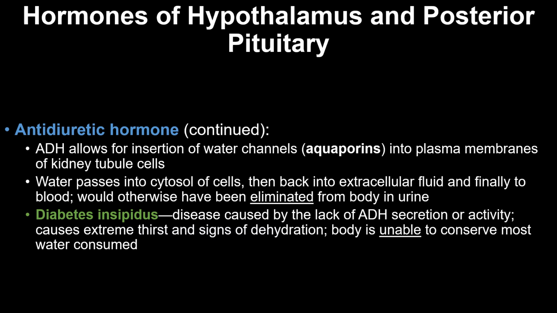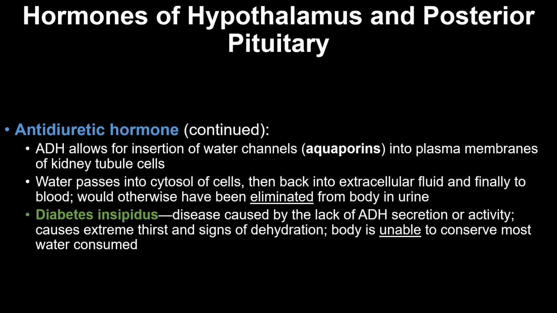From the cytosol, water then moves into the interstitial fluid and then into the blood and the capillaries, again by osmosis. So the net effect of ADH is to return water to the blood that would have otherwise been eliminated from the body as urine. This is mostly regulated through osmoreceptors in the hypothalamus, monitoring changes in the solute concentration of the blood.